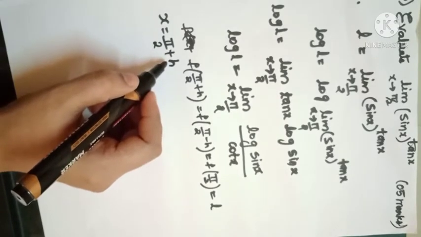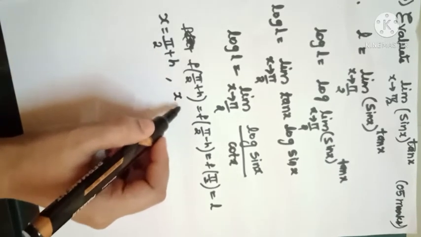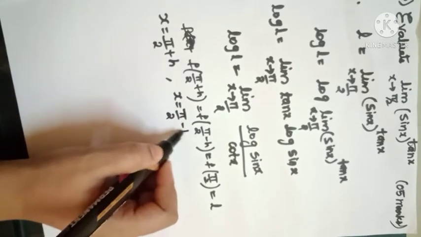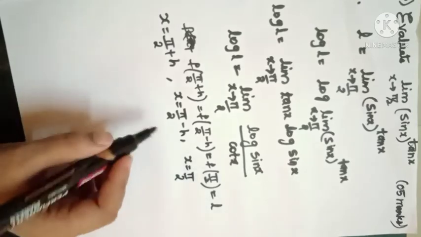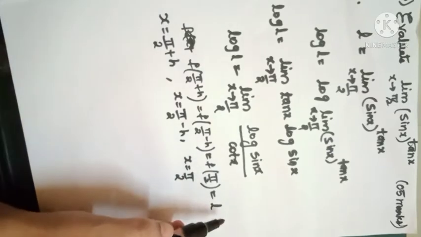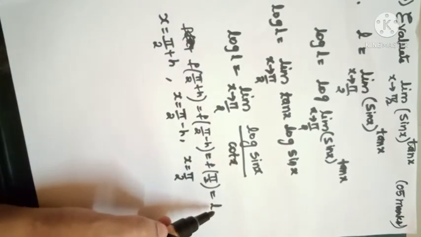In the second case, I will check with x as pi by 2 minus h, and in the last case, when x is equal to pi by 2. In all these three cases, we know that the limit value is the same.